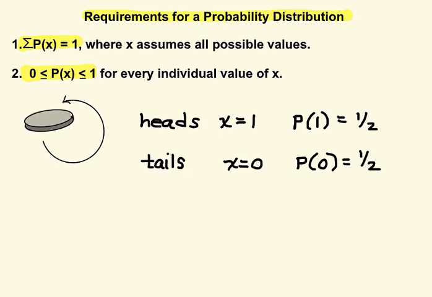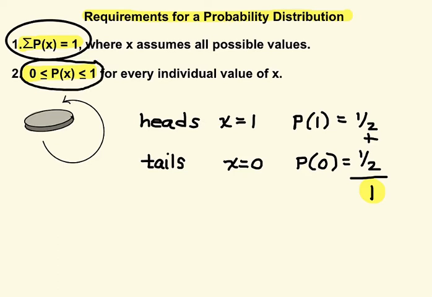Okay, so let's look at the first condition. The first condition says that the sum of our probabilities should equal 1. Well, sure enough, 1/2 plus 1/2, if we add them together, is 1. So we satisfied the first condition. The second condition says that each probability should be between 0 and 1.